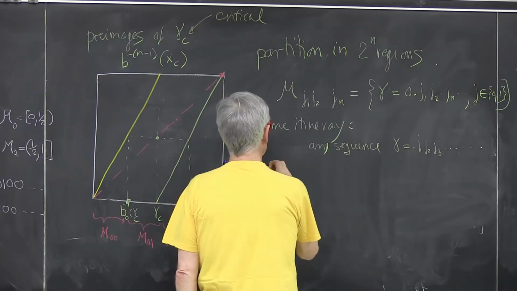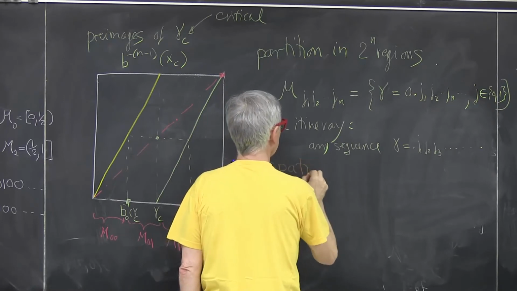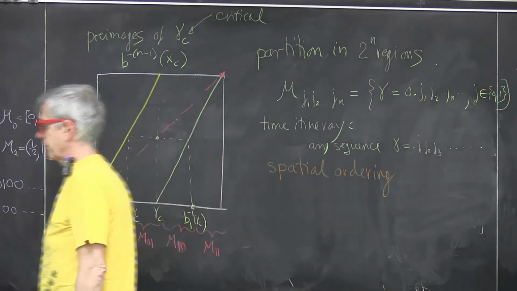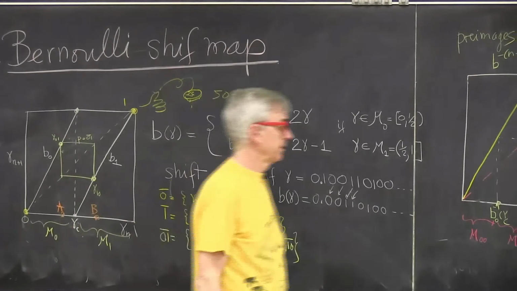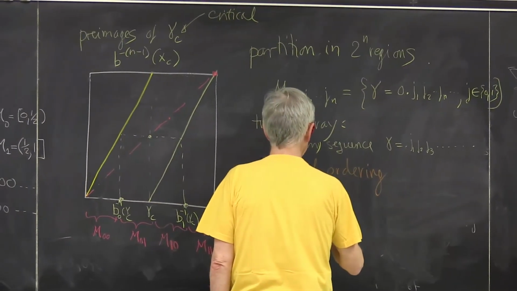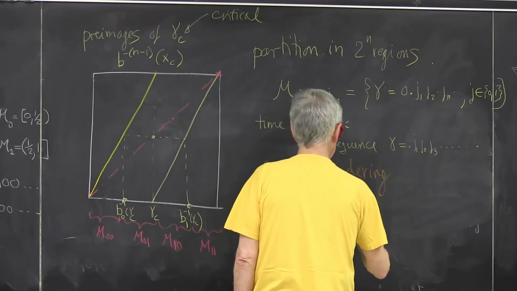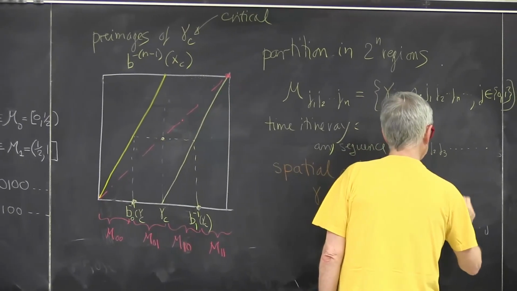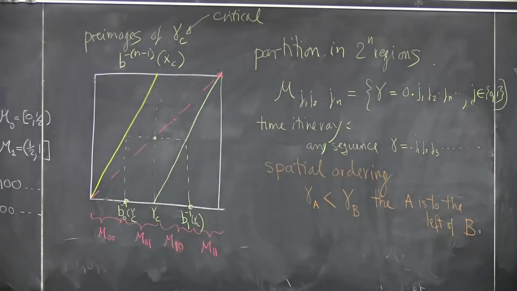A remarkable thing which you don't appreciate yet is that we actually also have a spatial ordering. So if you take 2 points on the original map, if gamma of A is smaller than gamma of B, then A is to the left. So, you say, well, that's obvious.